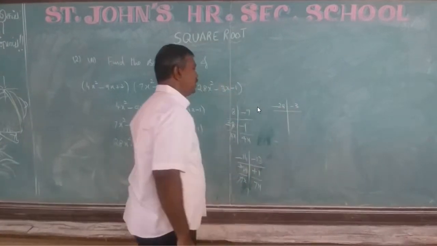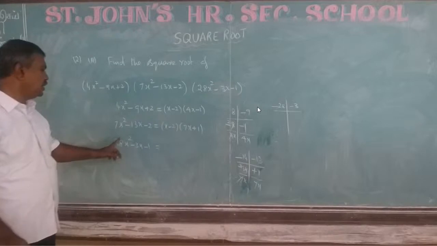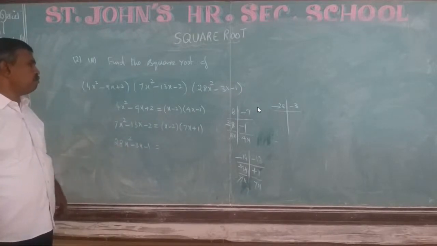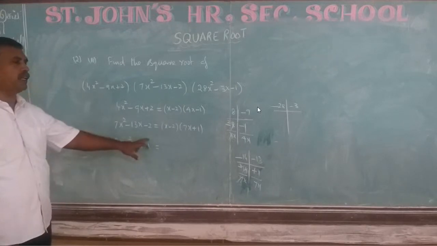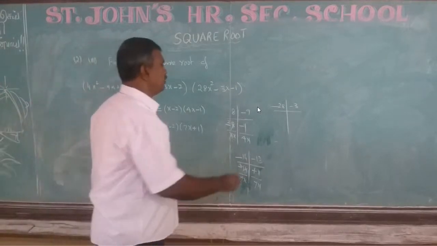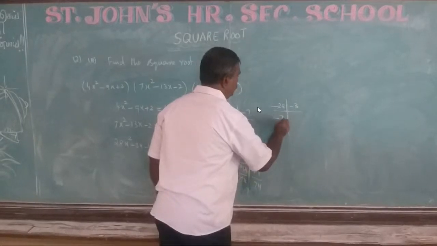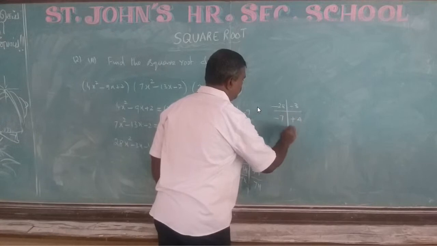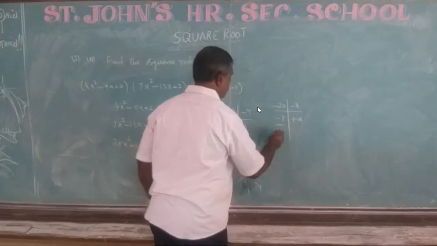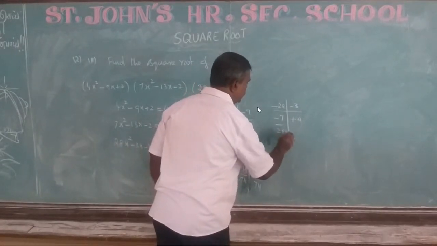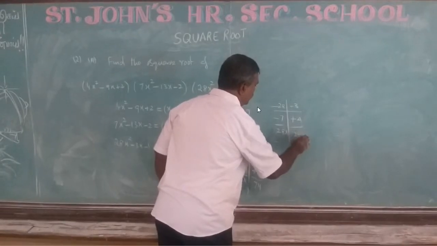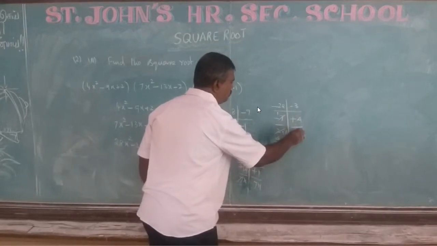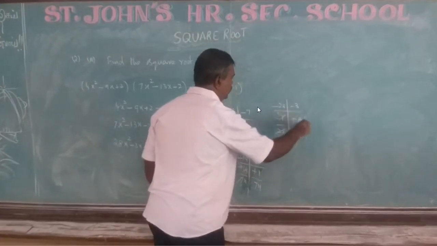We take two numbers whose product is minus 28 and sum is minus 3, that is minus 7 plus 4, divided by 28x.